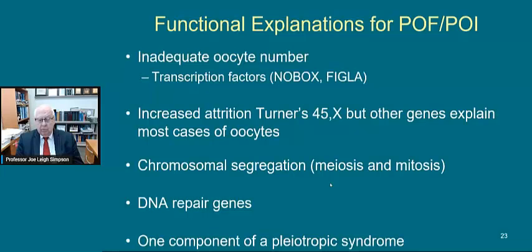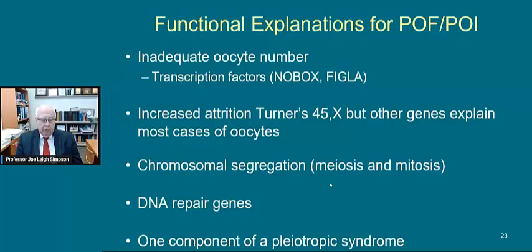The reason for this is that we expected the genes involved would be those familiar to us, such as hormones and FSH or FSH receptors. It turns out that these are a minority, accounting for only about 10 to 15%.